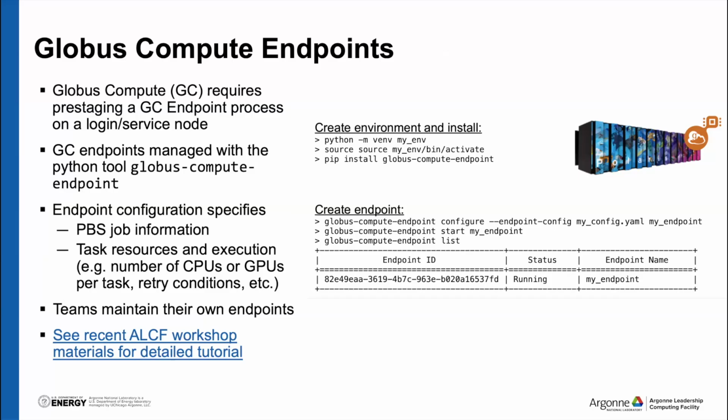You can create one by simply installing a Python package called Globus Compute Endpoint, which then gives you access to a command line tool, globus-compute-endpoint. And this will allow you to set up an endpoint process and manage it. Your configuration for your endpoint process will involve information about the PBS job submission and the task resources needed for each compute task you're sending to it.